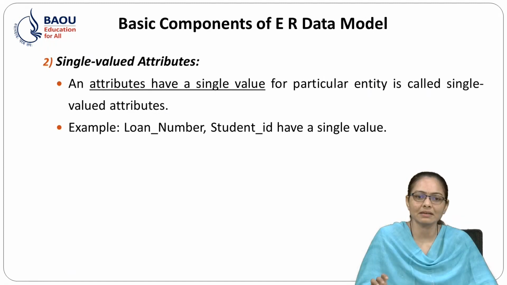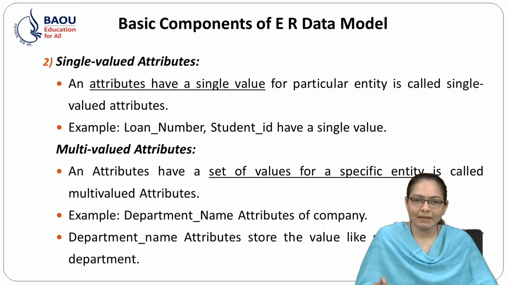For example, loan number and student ID have a single, unique value. Student ID is not divided. Only a single value is contained in a student ID. So it is called a single value attribute.